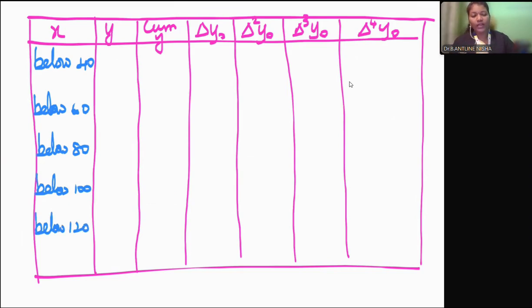And the y values given in the question are 250, 120, 100, 70 and 50. It is given in the question.